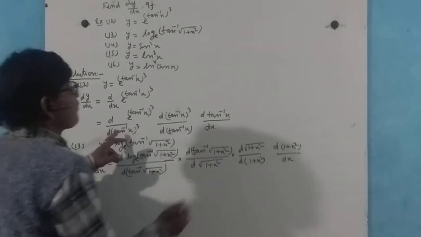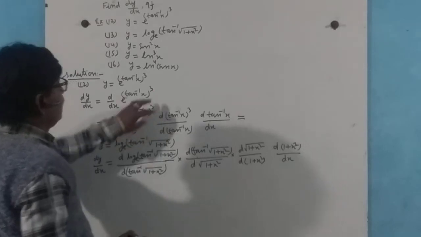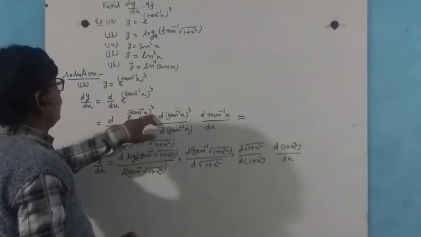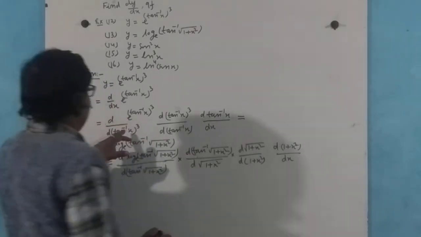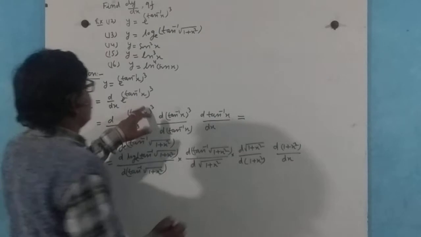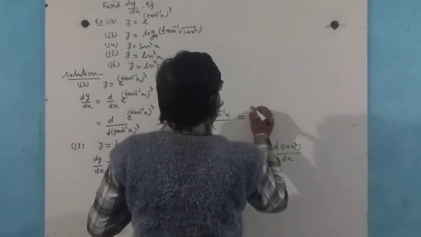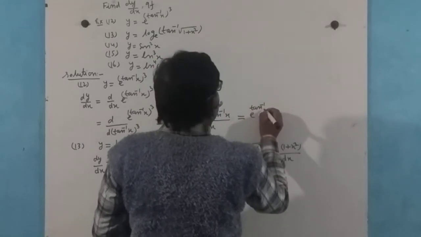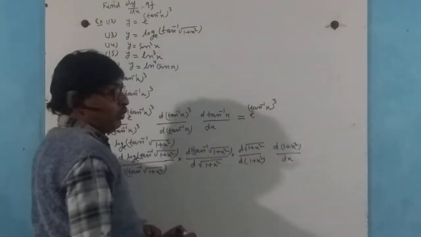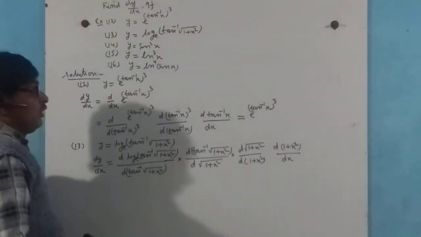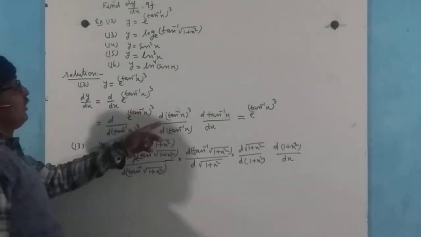Now in this case, e to the power x, let us suppose this is equal to x, with respect to x is equal to this, so the differentiation of e to the power (tan inverse x) cubed equals e to the power (tan inverse x) cubed. As you know that d/dx of e to the power x is equal to e to the power x. In similar things, d of this with respect to this is the same thing.